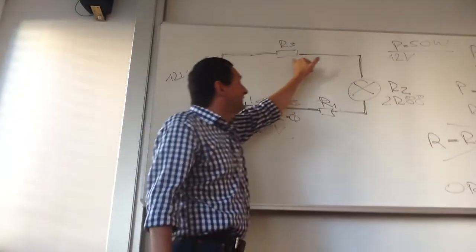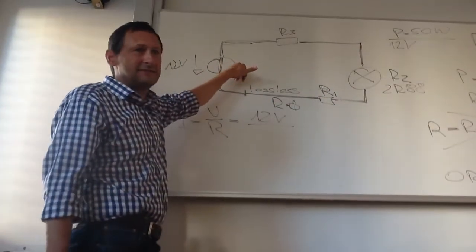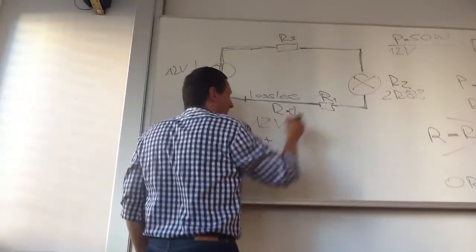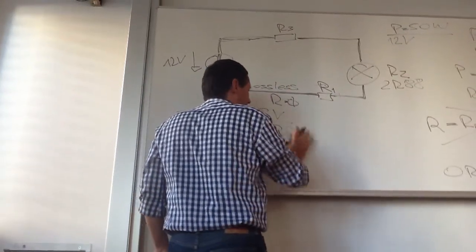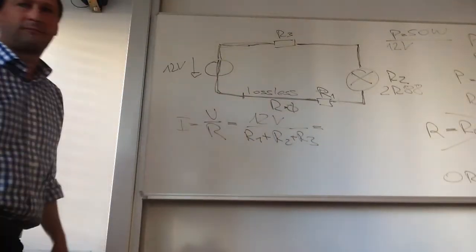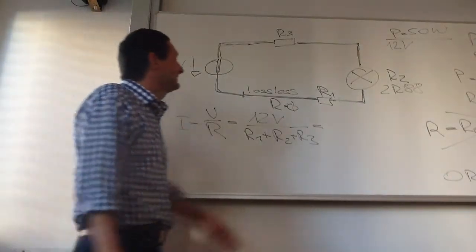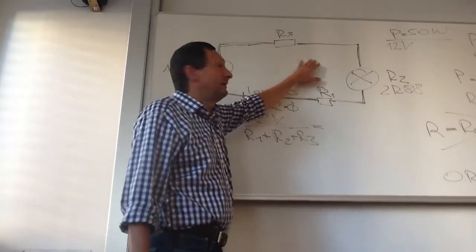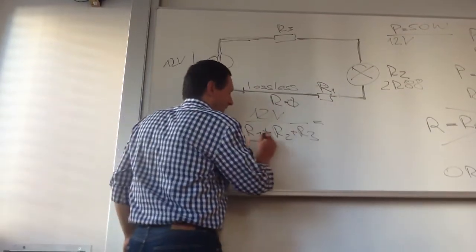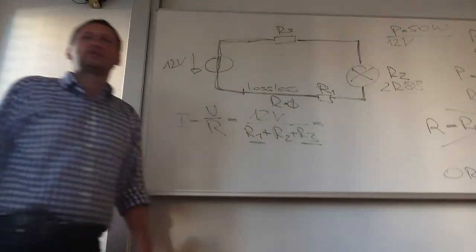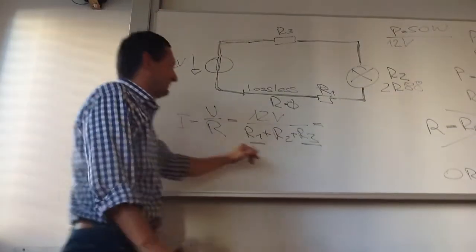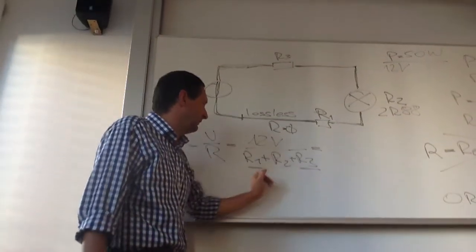So you have to sum up all the resistances in your circuit. So this is R1 plus R2 plus R3. You see, the resistance of the wires still changes the current. That's what it's changing in our circuit.